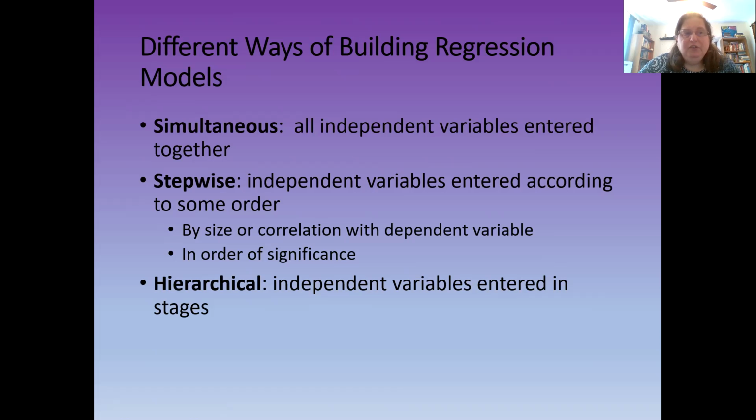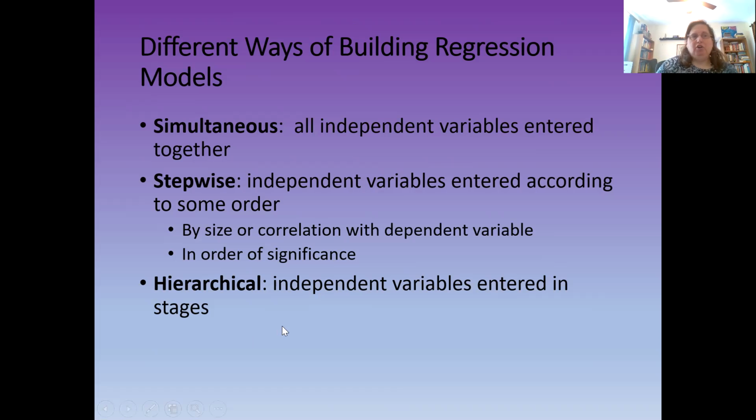It could be by the size of correlation with the dependent variable or the order of significance. You can do forwards, where we enter them until we get to non-significant ones. Or you could do backwards, where we start with everything in, and then we take them out as they're not significant.